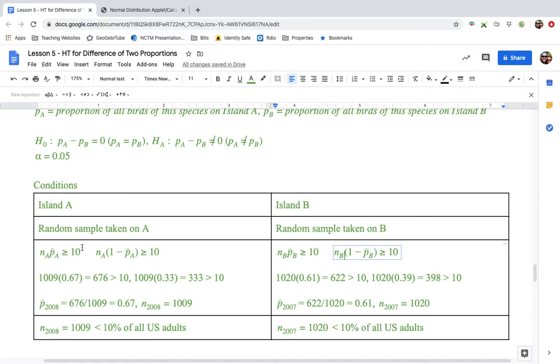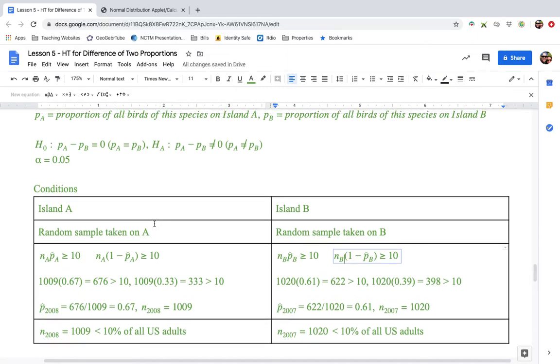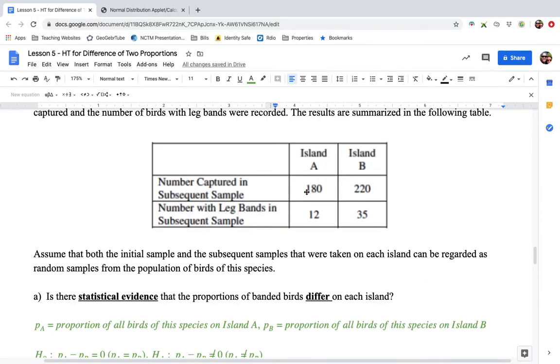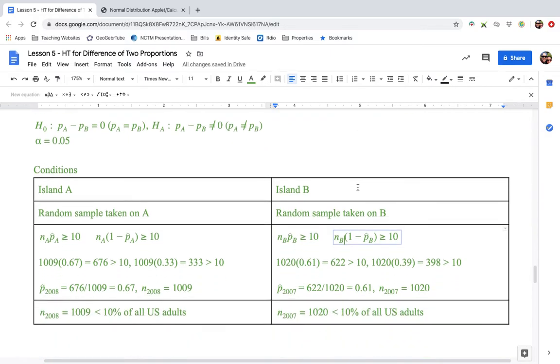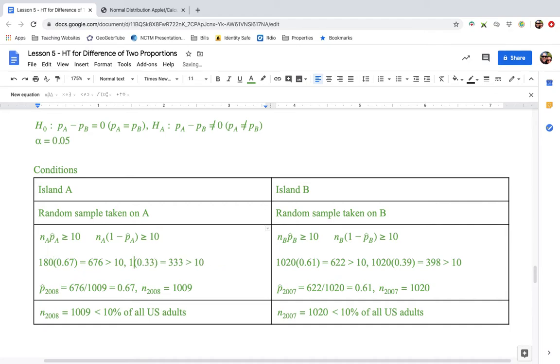We know that the sample size for island A was right here, 180. The sample size for island B is 220. So island A was 180 birds, and island B was 220.